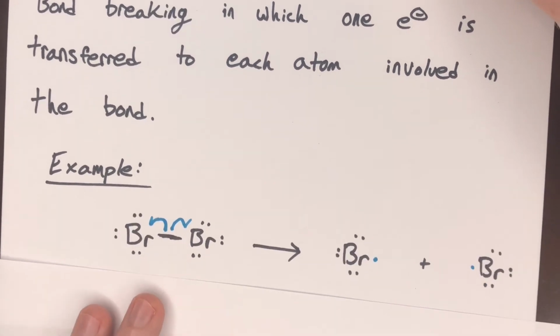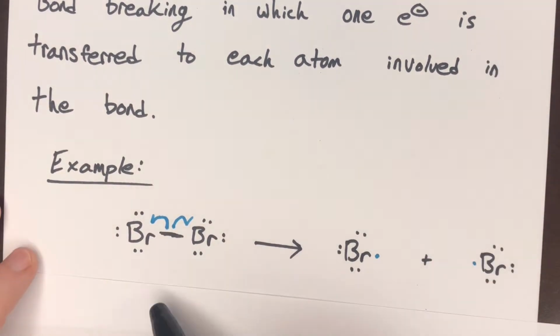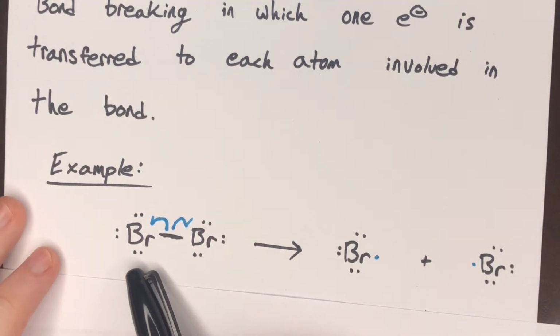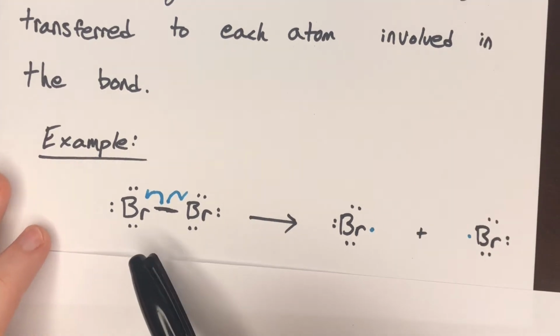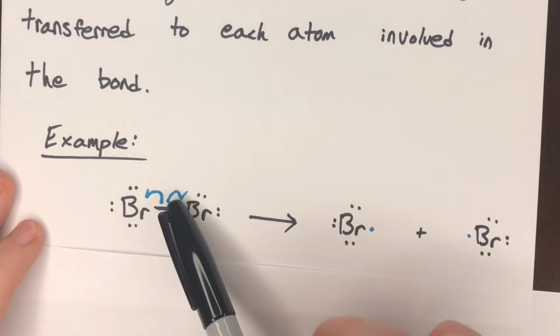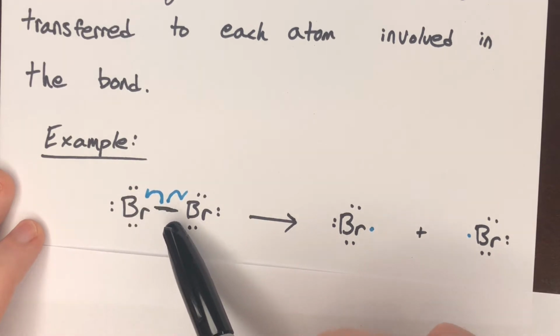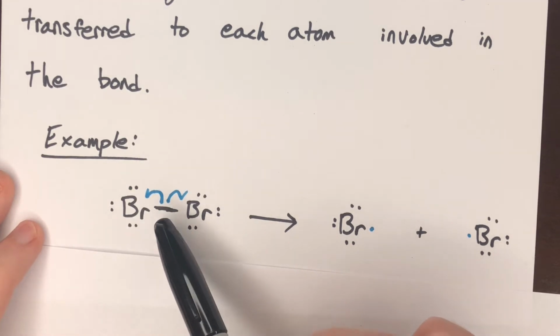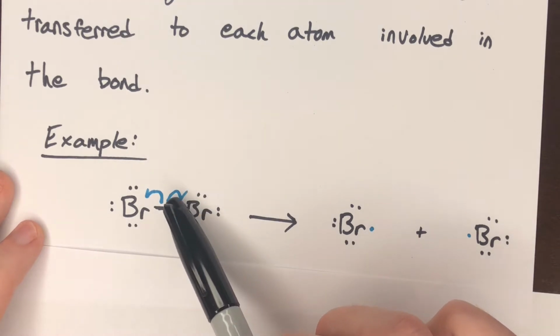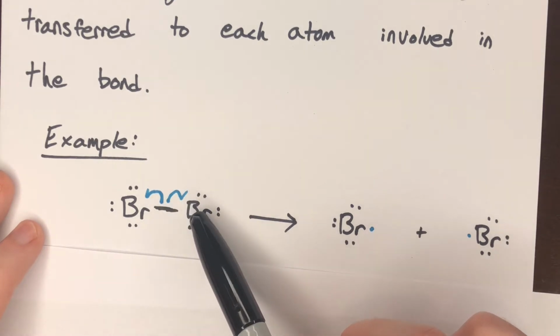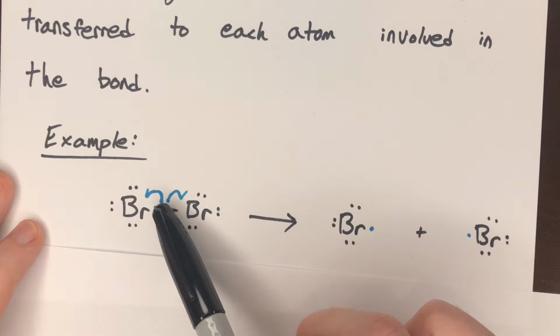So then if we look at an example here, I have Br2, this is molecular bromine, and the homolytic cleavage would be one electron going to this bromine, one electron going to this bromine. Both electrons are coming from this bond. So the half arrow means that one electron moves, and the other half arrow is the other electron.